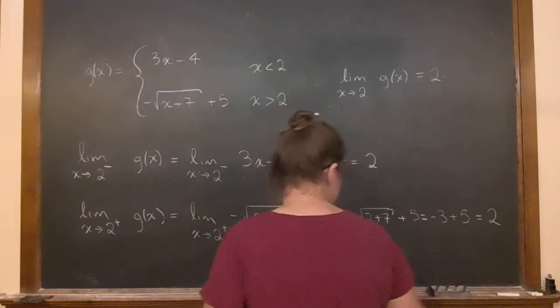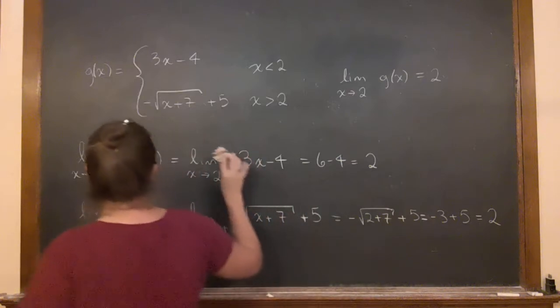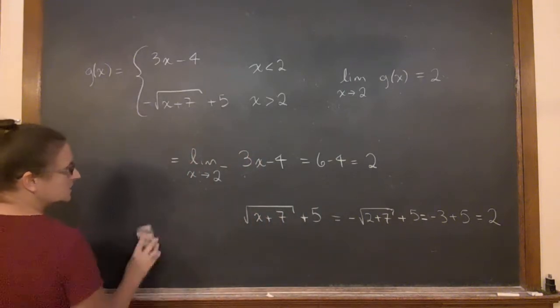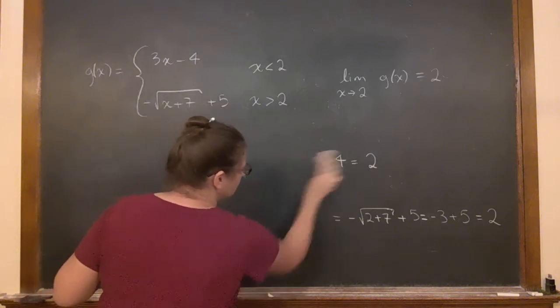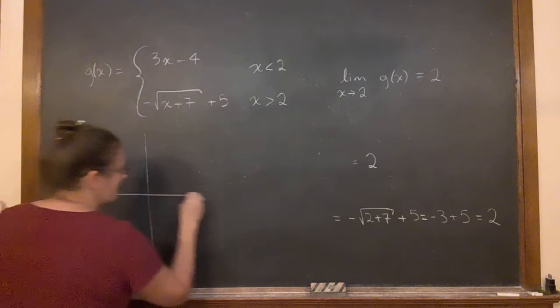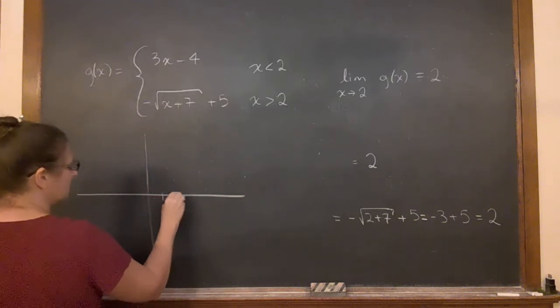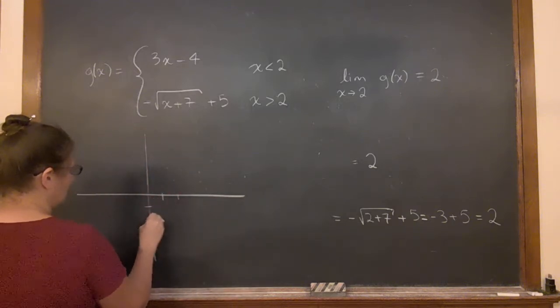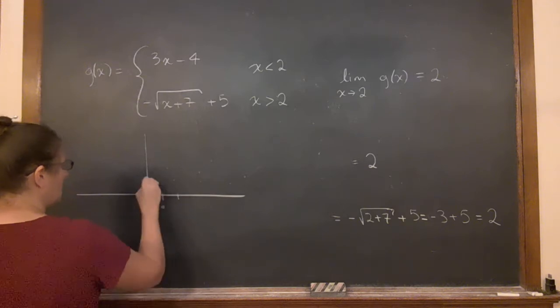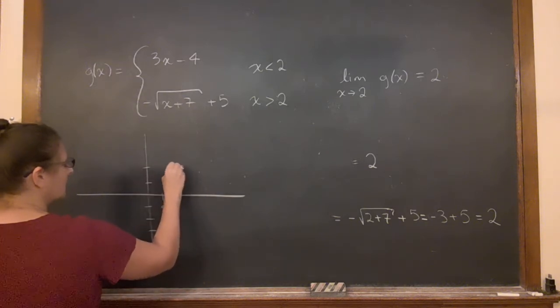Okay. Now, in this case, I can go ahead and graph this too, just so that you have this picture in your head. What do I have? Minus 4, 1, 2, 3, 4. So that would be here, here, here.